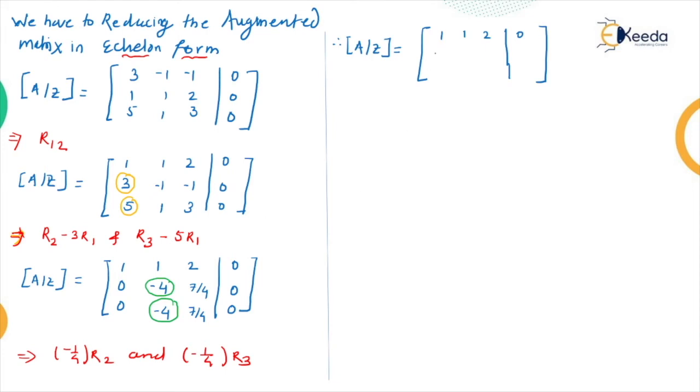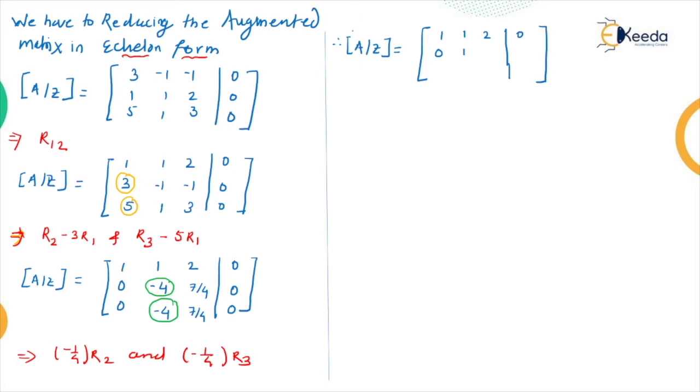So -1/4 into 0 becomes 0, -1/4 into -4 gets 1, and here you will get -7/4. The element is 7 divided by 4, so you will get -7/4 here.